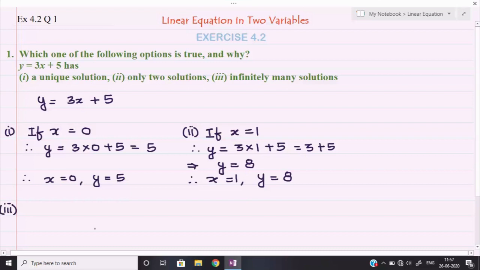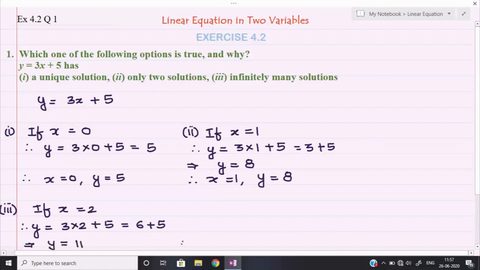Let us see. If I put here x is equal to 2, then in that case what is the value of y? The value of y can be 3 into 2 plus 5, so it can be 6 plus 5, and we can say that the value of y will be equal to 11.